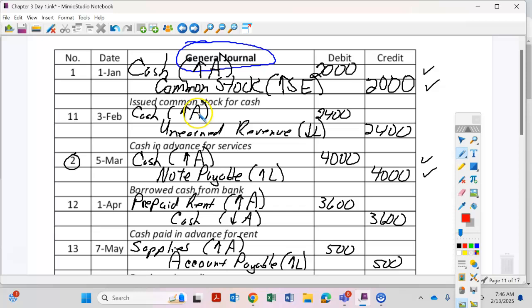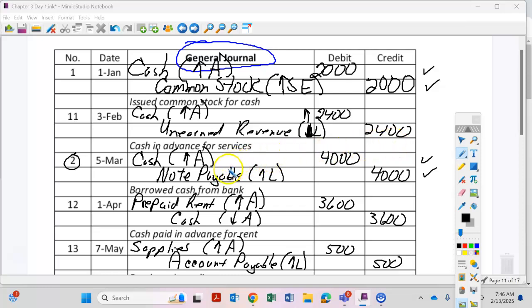February 3rd, if cash went up and unearned revenue, I put that in the wrong direction, didn't I? Unearned revenue went up, which is a liability. So if cash went up and unearned revenue went up, liabilities went up. We owe services, so we have received cash from the customer and we owe them services.